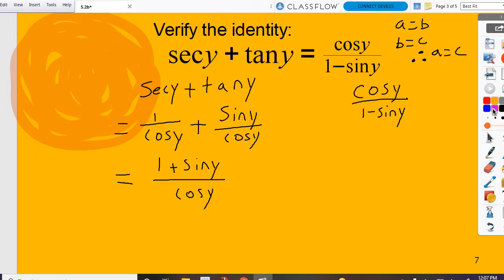What were our other guidelines? We have Pythagorean identities. I don't have anything that's squared, so I can't use that one. What else? Factor. Multiply by 1. Can't factor, but I can multiply by a strategic one.